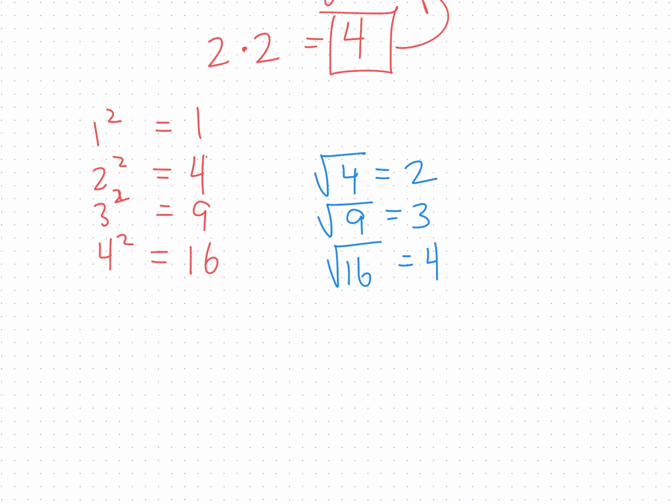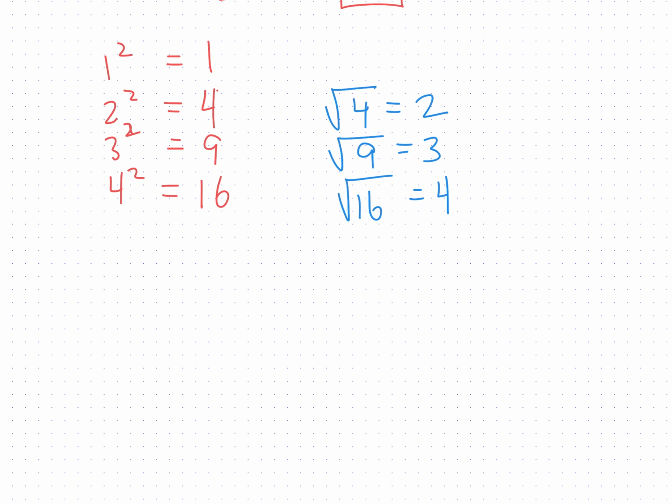However, what happens if you take the square root of a number that is not a perfect square? For example, what if I wanted to take the square root of 11? Well, there is no whole number, no integer, that when multiplied by itself will equal 11.